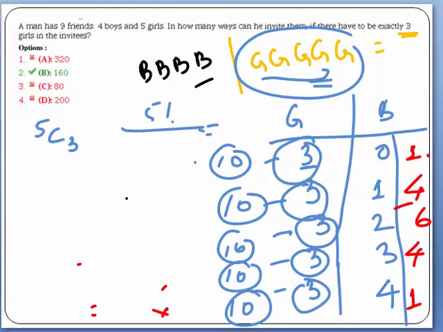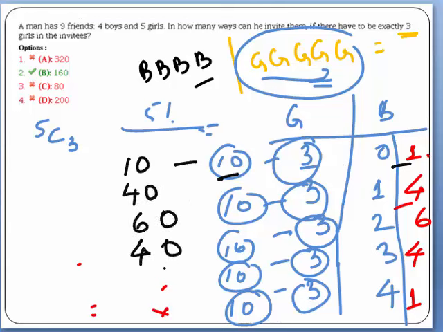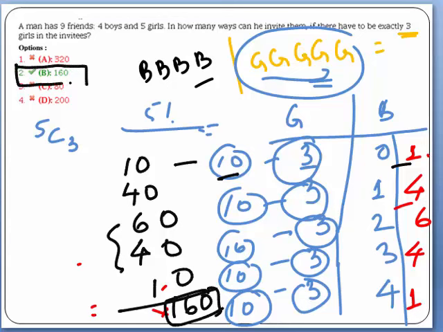Let me show you how easy it is. So it is 10 into 1, which is 10, 10 into 4 is 40, 60, again 40, and again 10. This is 100, 160. So there is no confusion whatsoever, 160 is your answer.